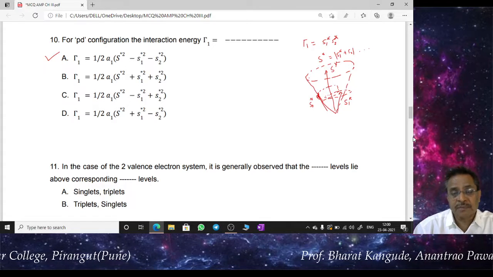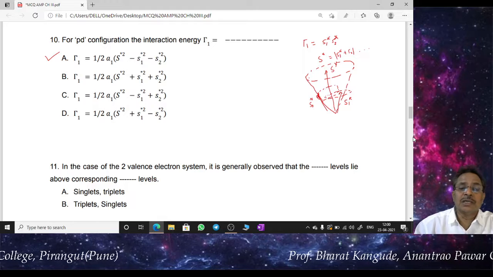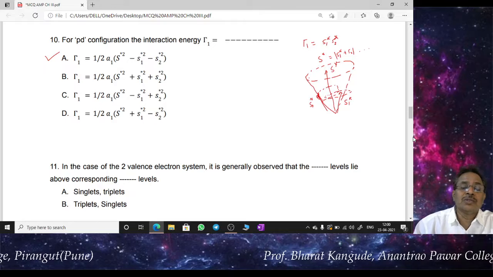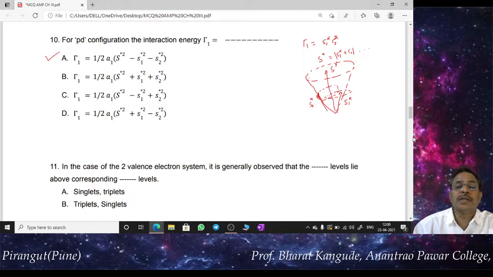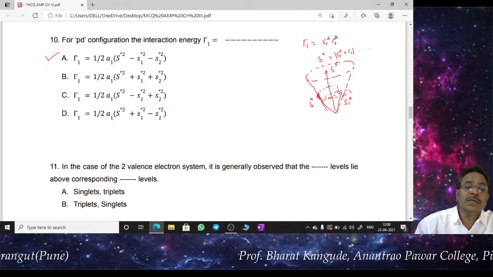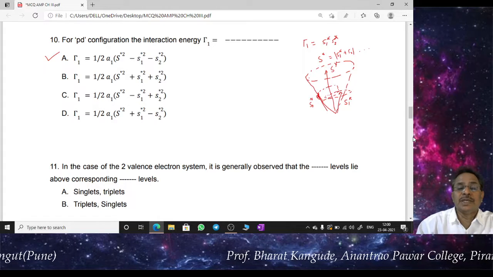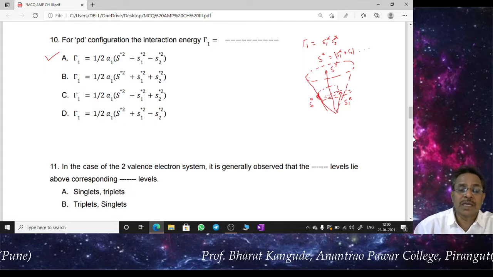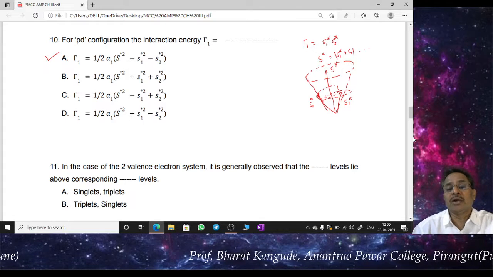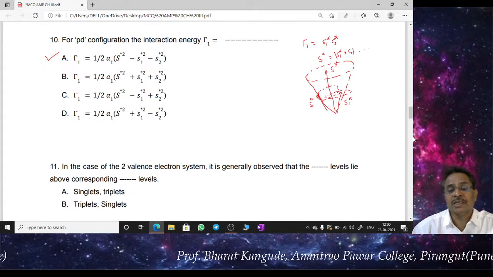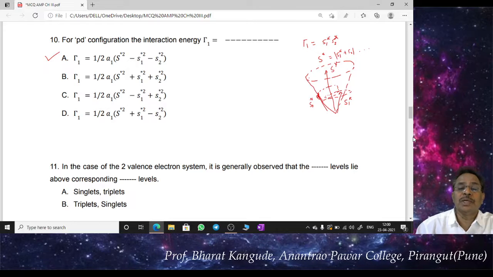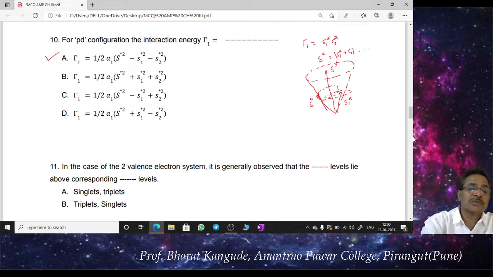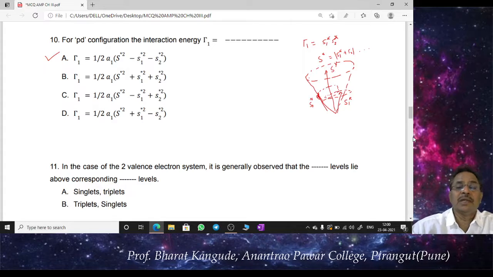My suggestion is to go through the actual theory, which tells you why we get this resultant. All the expressions look similar, but when one of the signs is changed, the resultant is found to be different, so those are not the correct options. The correct option for this question is A.